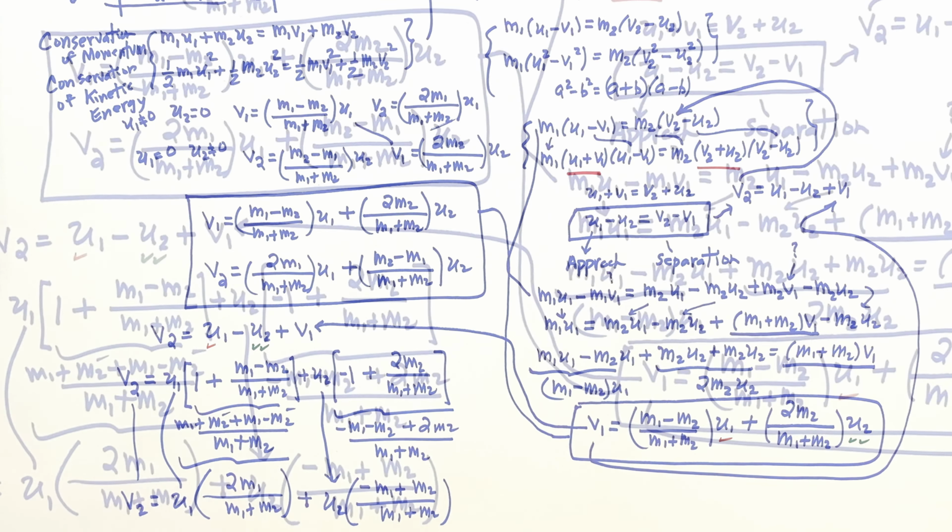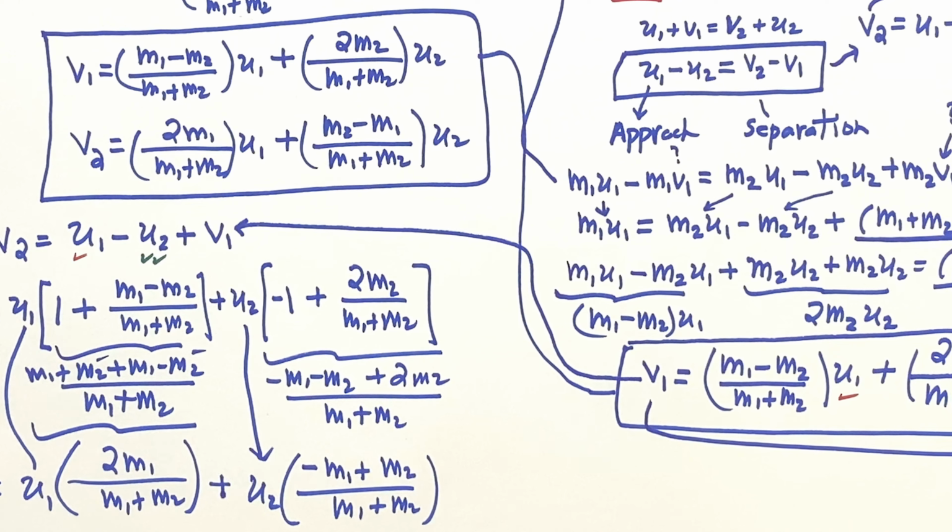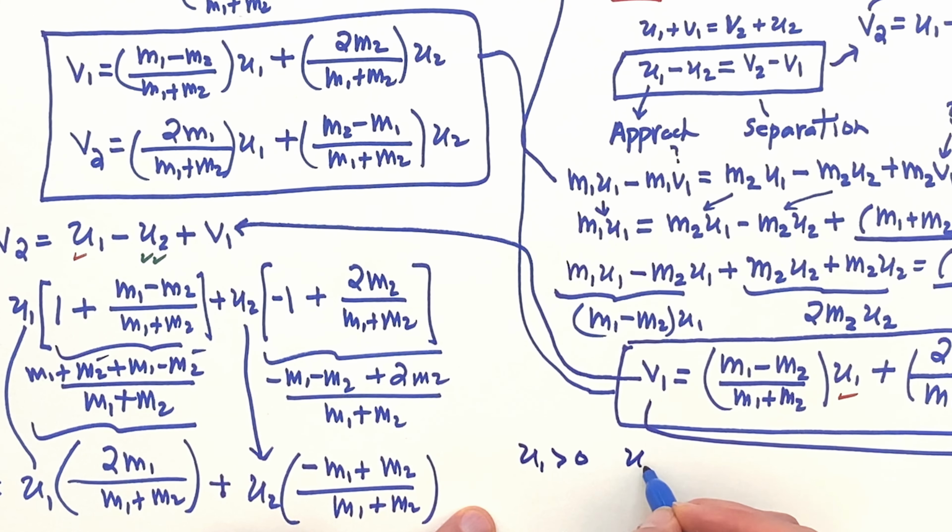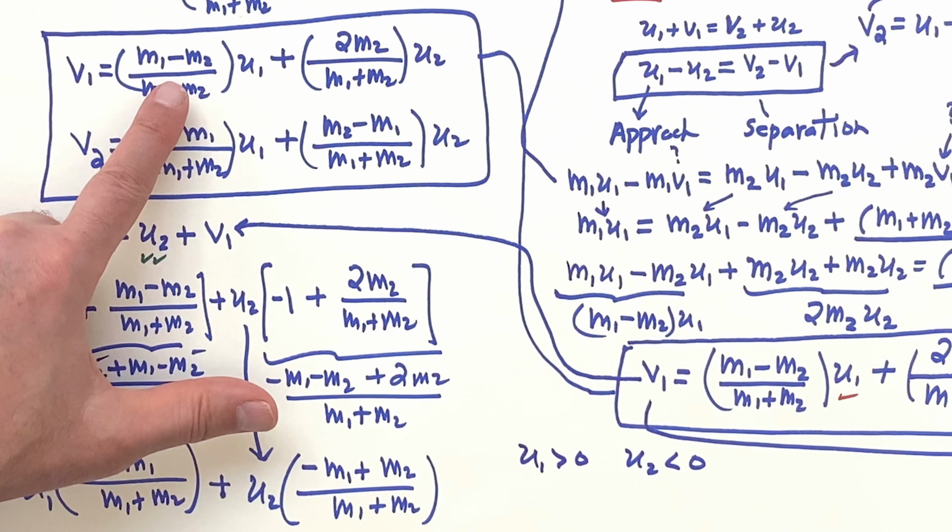So that is good. So before we leave this section, what about the baseball where you hit the ball that's moving at you? So in other words, U1 is greater than 0, that's the bat, and U2 is less than 0, it's the ball coming in to be hit. So if that's the case, we then use this formula.